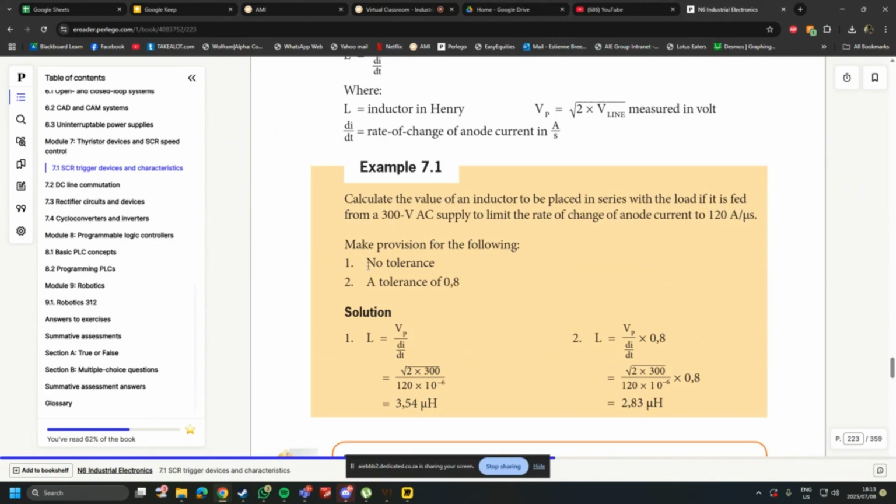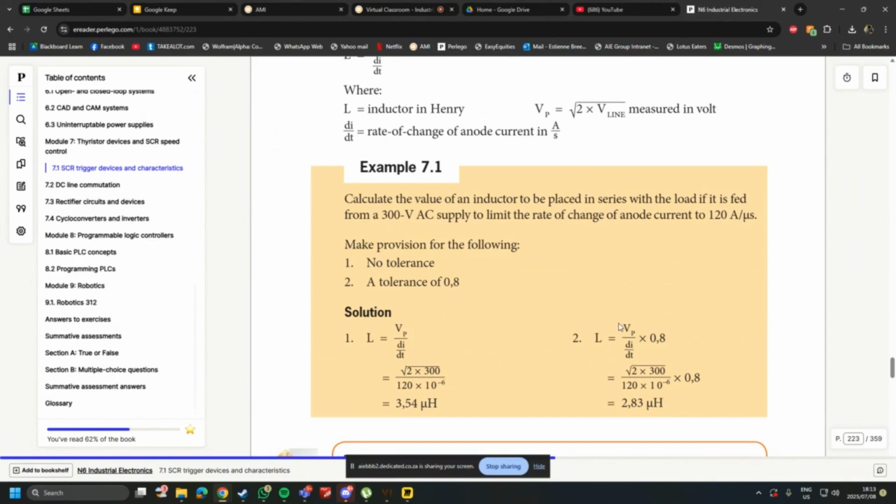Right, so in the first case, we don't have any tolerance, so we just take everything, plug it into our formula, and we get an inductor of 3.45 microhenries that we need.